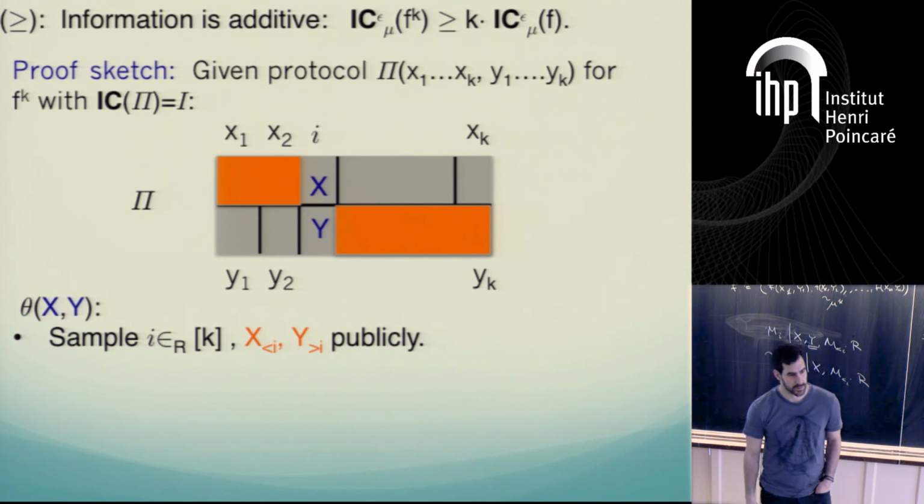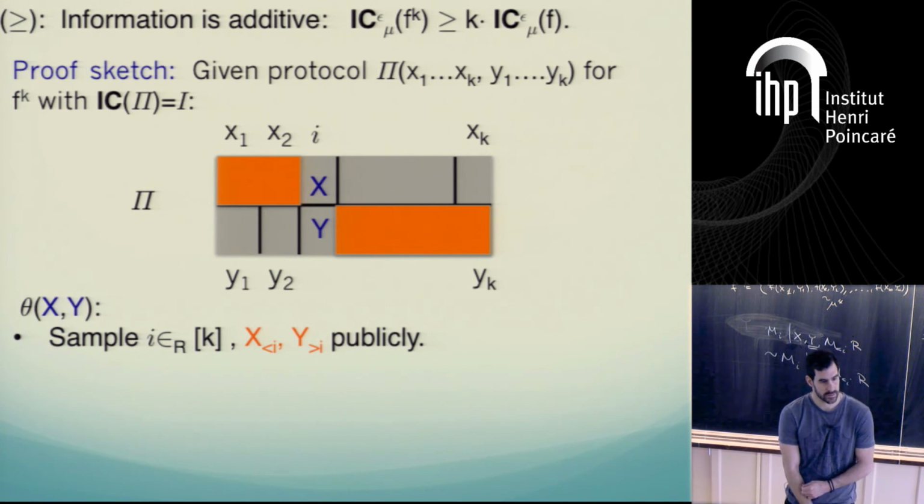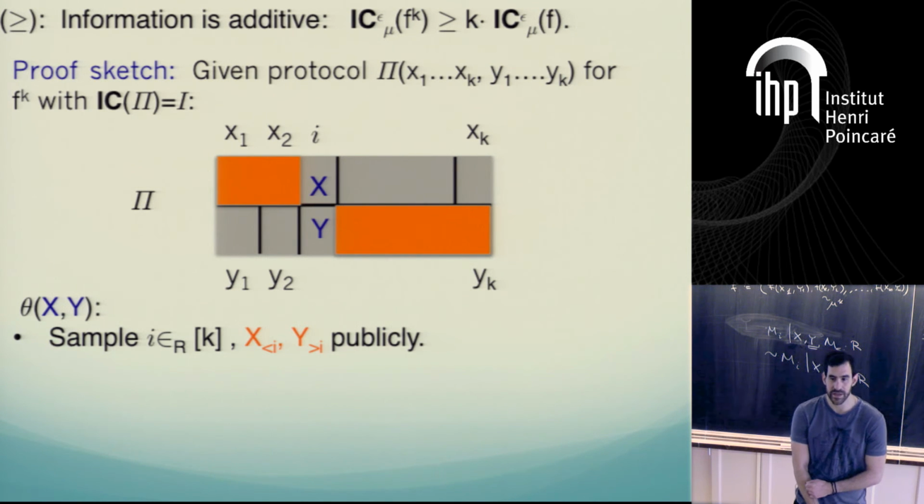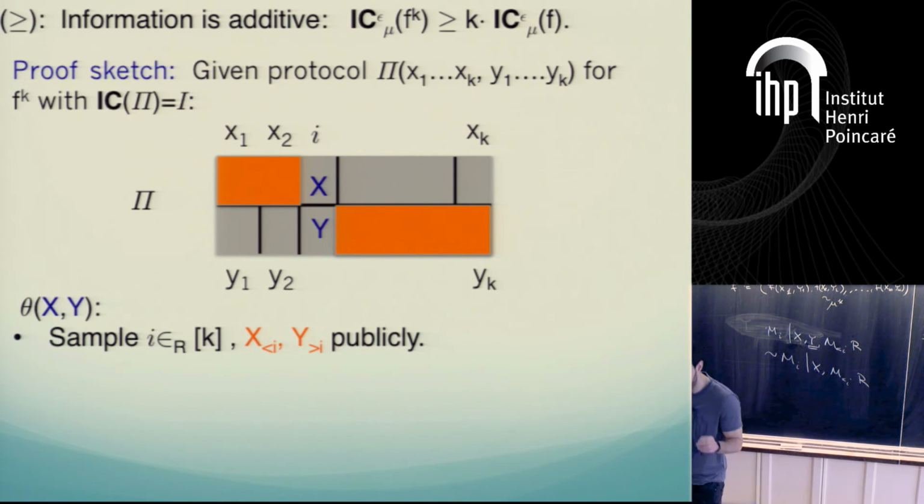So I guess the moral of this technique is really that we want to break the dependence between the inputs in a way that a sufficient amount of entropy remains in the inputs.